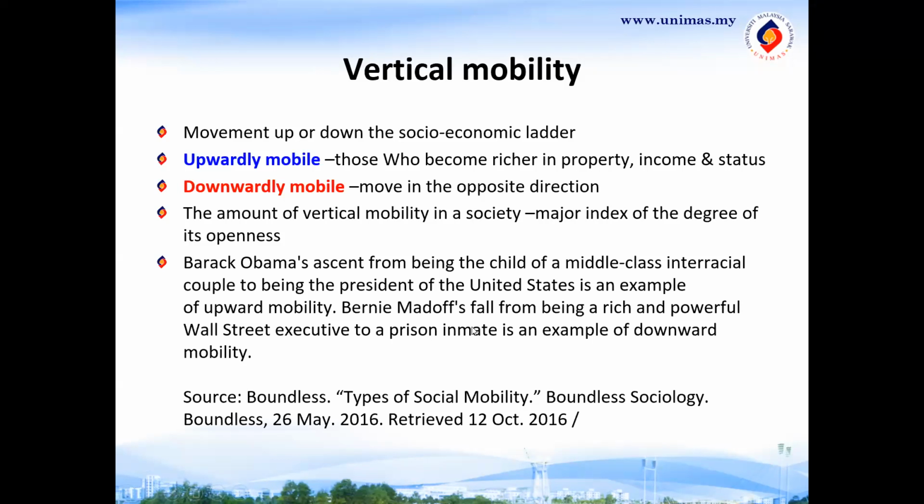In life, we always wish to achieve a higher level of the social ladder. We want to be moving upward rather than downward.